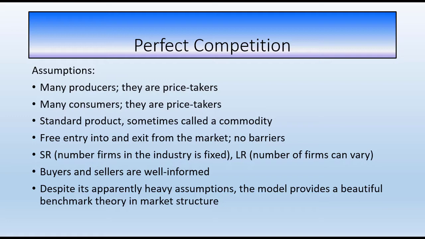The short run is where the number of firms in the industry is fixed. So remember, in the last chapter, we looked at fixed costs, which meant that there was a fixed input to the process. And we said in the short run, there was a fixed floor space to a business, a fixed amount of acreage to a farm. So that would designate the short run. Now, imagine that you could increase your floor space.